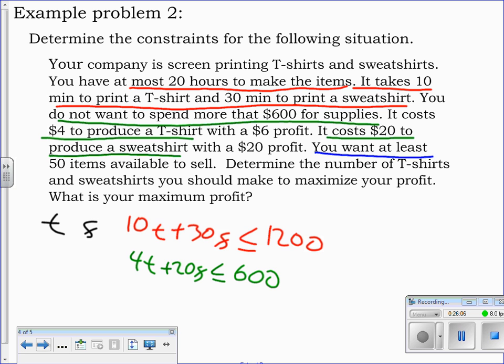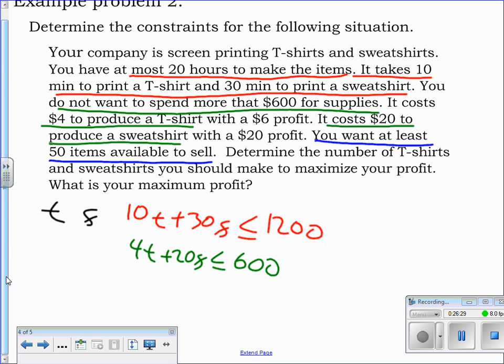You want at least 50 items to sell. At least. Notice my constraints are all at most or at least. Those are constraints. Constraints are written as inequalities. At most this, at least that. That's what your constraints would always be. So I can only make 50 items total.